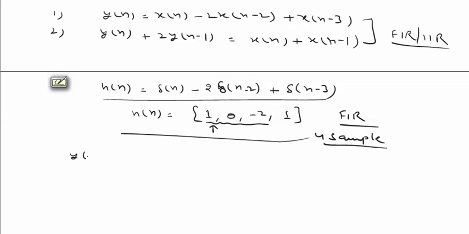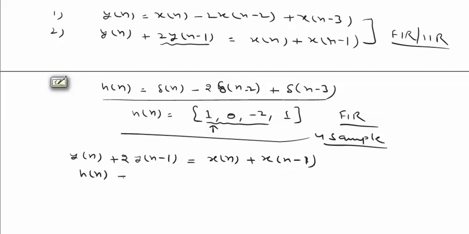Here there are 4 samples, which means it is an FIR filter. If the impulse response has infinite values, it is an IIR filter. In the second case, by viewing we can say there is a feedback element, so it is an infinite response filter, but we put an impulse as input to check. Here h[n] equals minus 2h[n minus 1] plus delta[n] plus delta[n minus 1]. Step by step I put values.